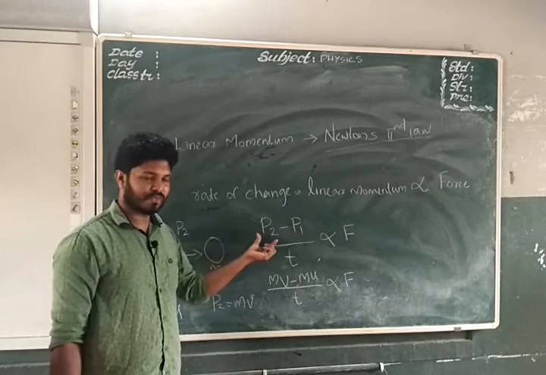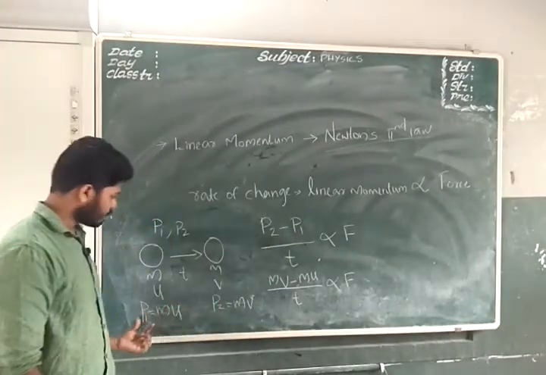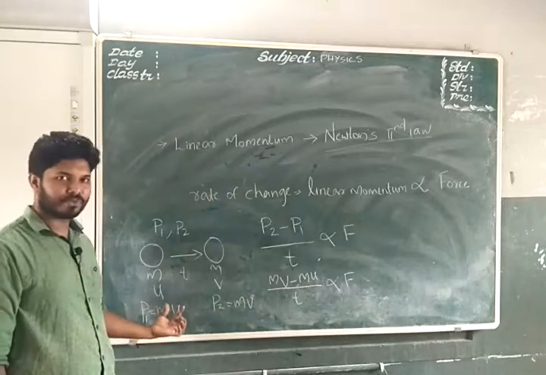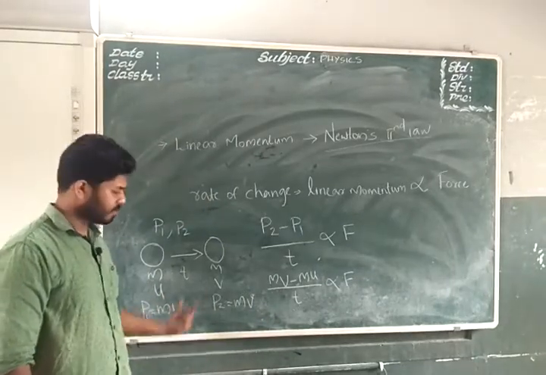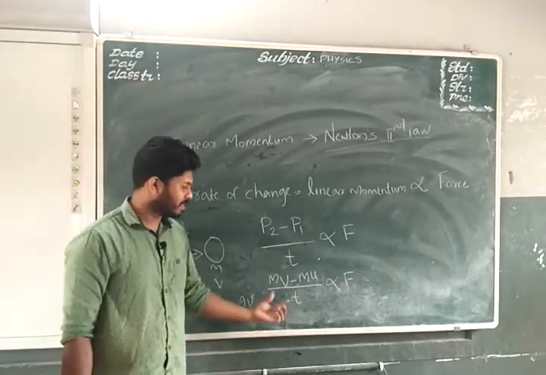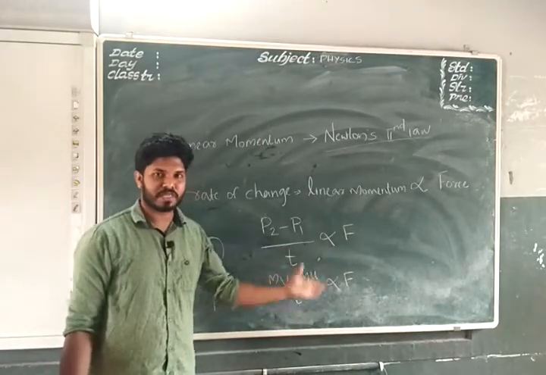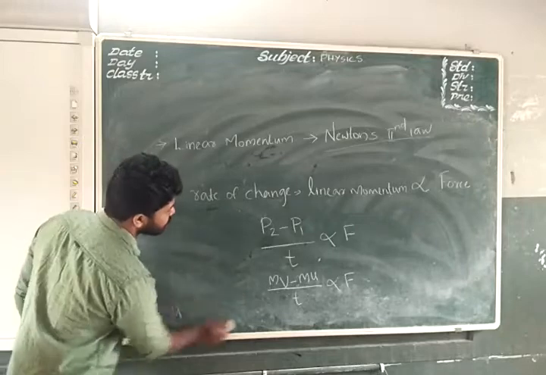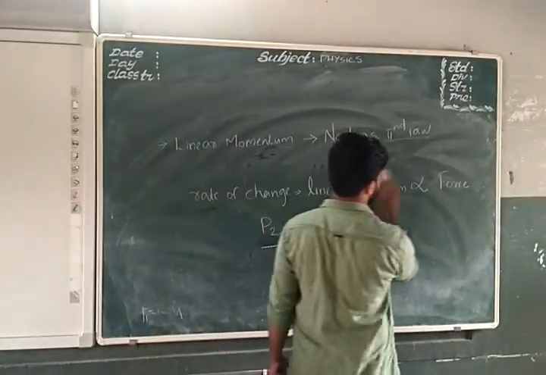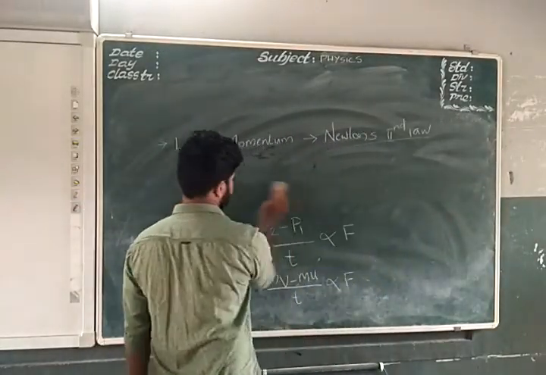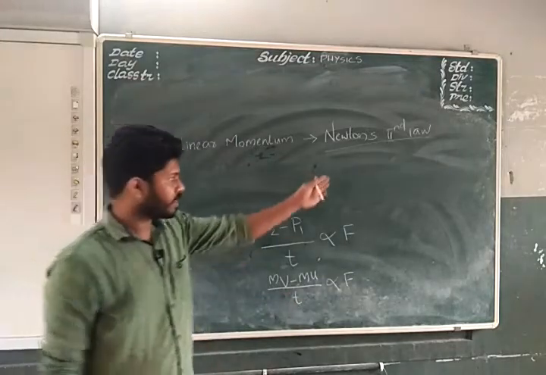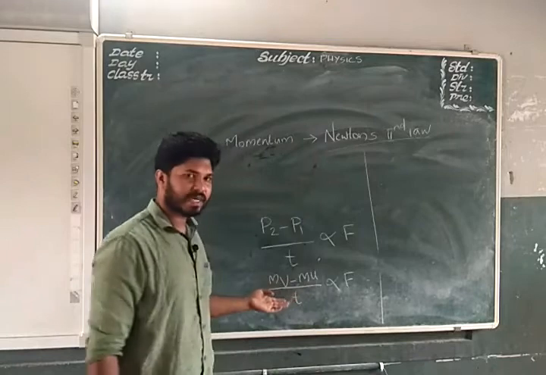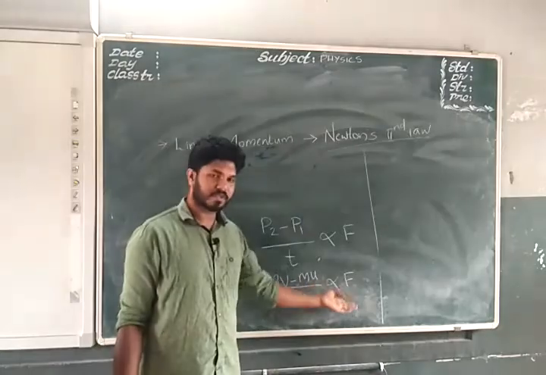Substituting the values of p2 and p1: p2 is equal to mv, p1 is equal to mu, that is the final linear momentum and initial linear momentum, divided by t proportional to F. The same thing here. Now let me continue it here. So mv minus mu divided by t proportional to F.